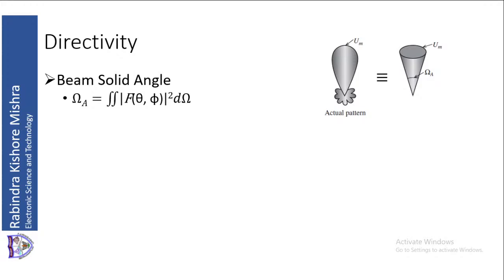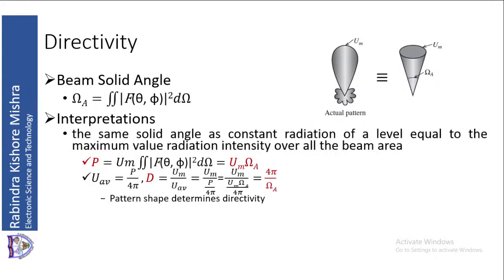So omega A will be equal to the integration over f theta phi square, which is the power pattern, d omega. So integration of the power pattern over d omega gives you omega A, which is called the beam solid angle. Physically, what do you understand from this?